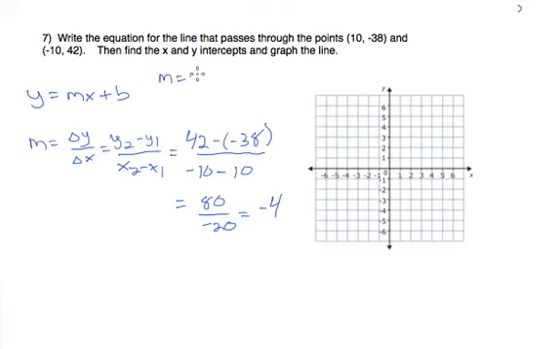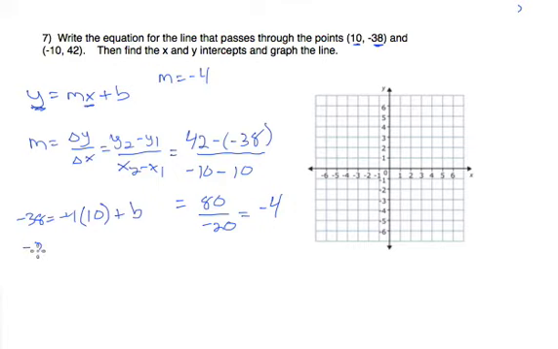So we know that m equals negative 4. Now, in order to find b, we need a value for x and y, and we've got that. Let's use, oh, it doesn't matter. Let's use this for our x and that for our y. So when y is negative 38, then the slope, negative 4, times the value of x, 10, plus something, b, is going to be negative 38.